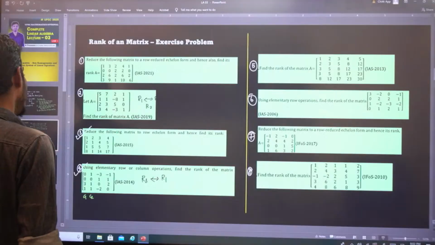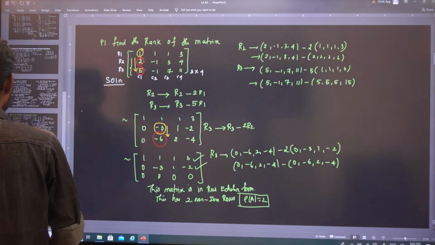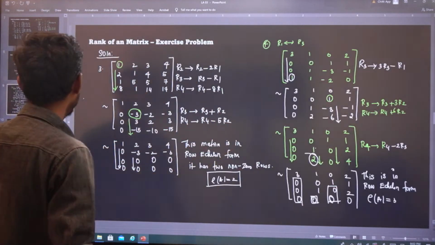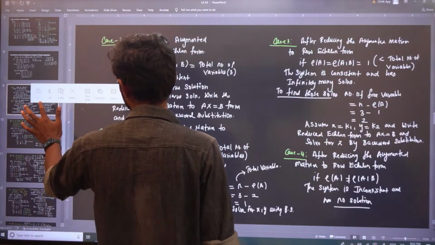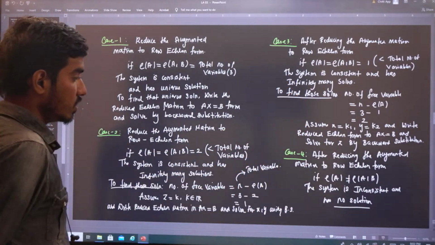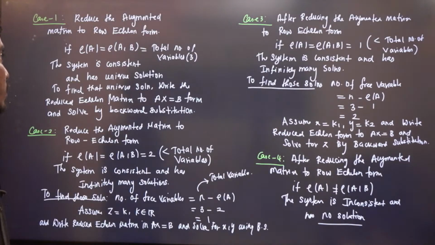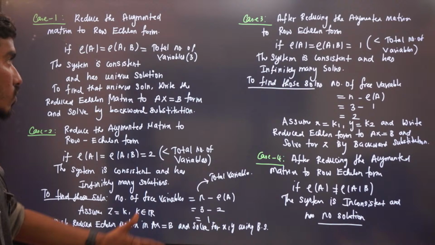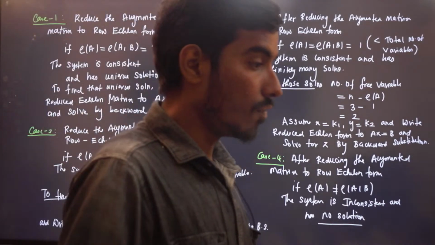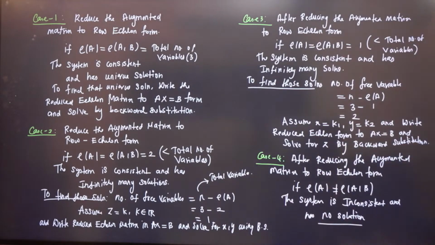After that we have introduced the homogeneous system of equations. This is the core thing. If you understand this single page, then you can do any problem. Reduce the augmented matrix to row echelon form. Based on rank of A and rank of A comma B, you have to decide whether it has a unique solution, infinitely many solutions, or no solution.